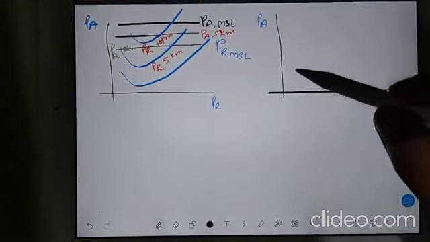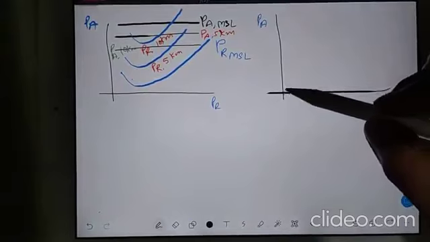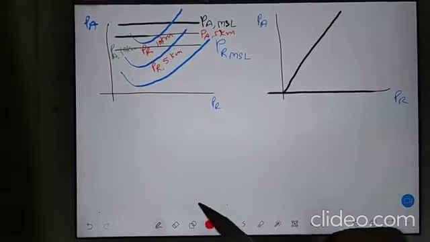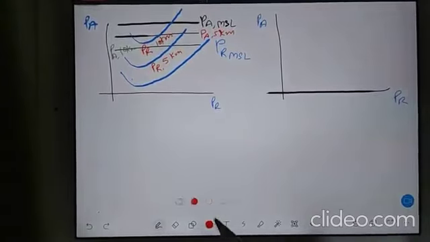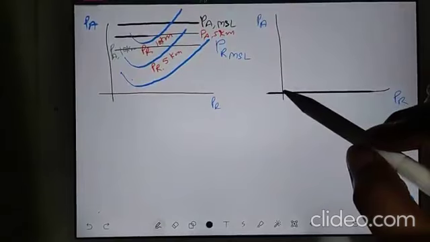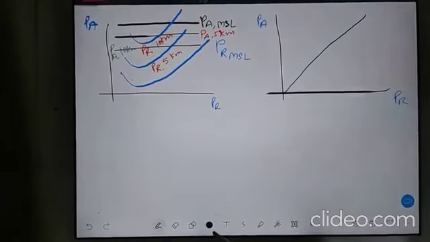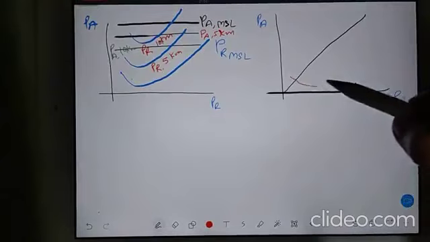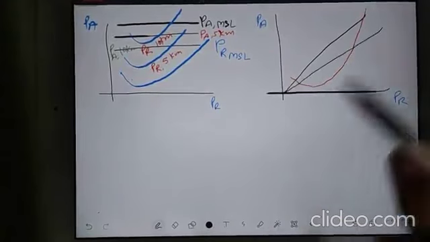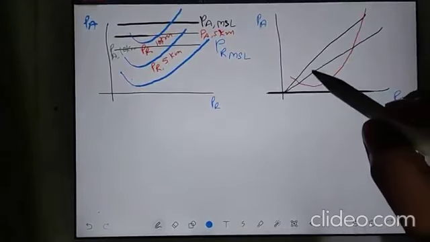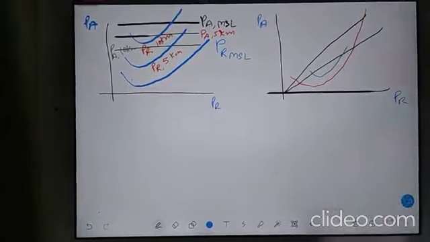So the same diagram, only two diagrams I will draw here. One I will draw like this, and for that altitude I should draw more slopey like this. Then I will draw another one like this.